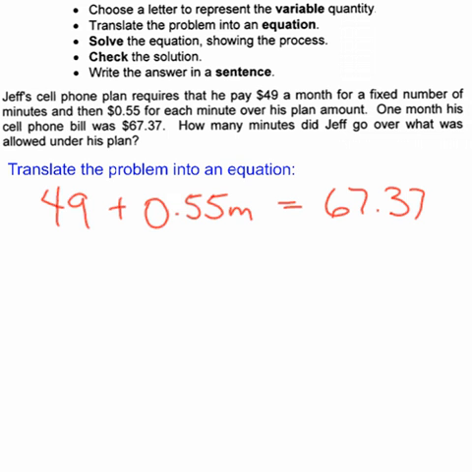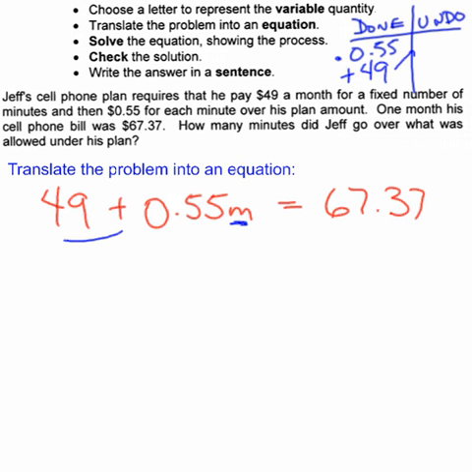Well, let's go ahead and solve it here so we don't have to rewrite it. So we'll do a quick done, undo. What's happening to my variable is first it's being multiplied by 0.55, and then we're adding 49. So that means to undo it, we're going to subtract 49 and divide by 0.55.